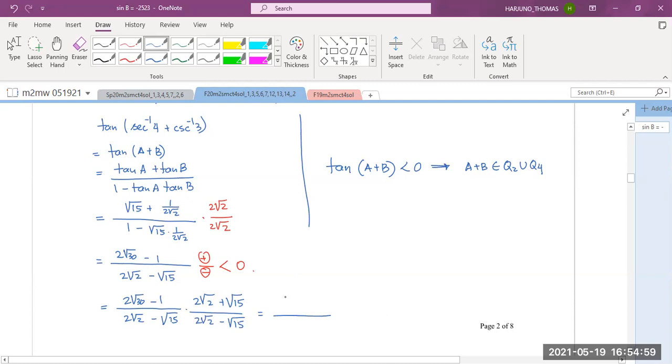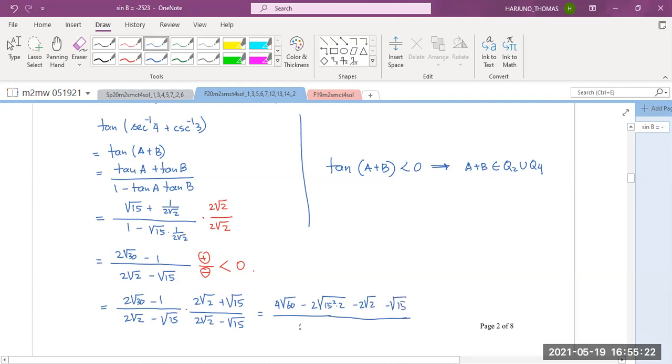On the top left, that will be 4 square root of 60 minus 2 square root of 15 squared times 2, 30 is 15 squared, minus 2 radical 2 minus square root of 15.